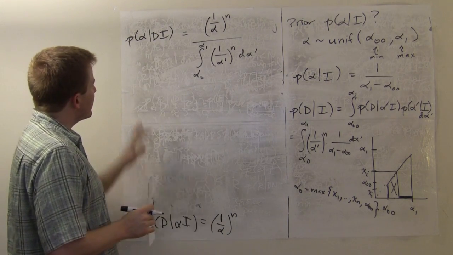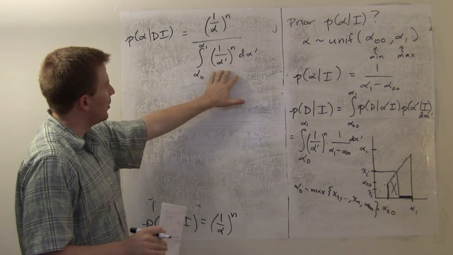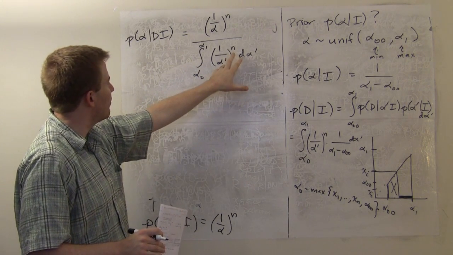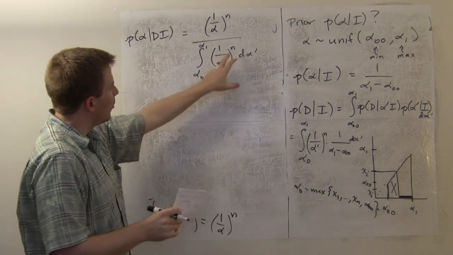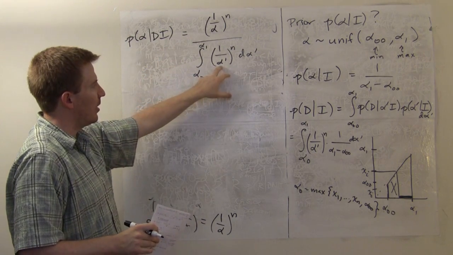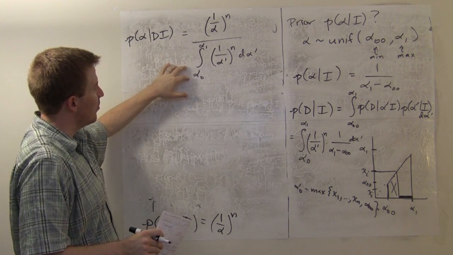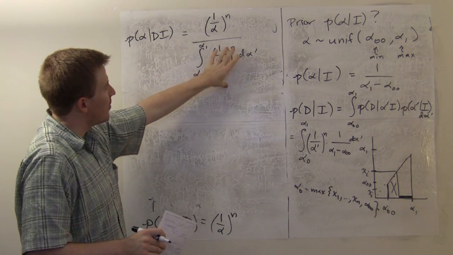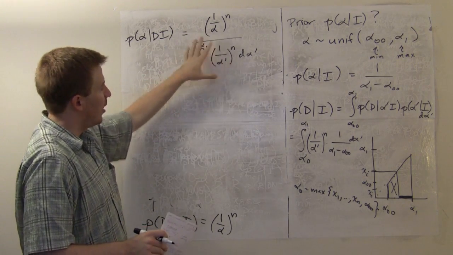Now, this is a fairly tractable integral. It's just a power rule. If n were equal to 1, we'd have to use logs here because we're basically integrating x to the minus 1, so we get a log of alpha 1 minus a log of alpha 0. For values greater than 1, we can do this integral with the power rule, and we get some nice form.